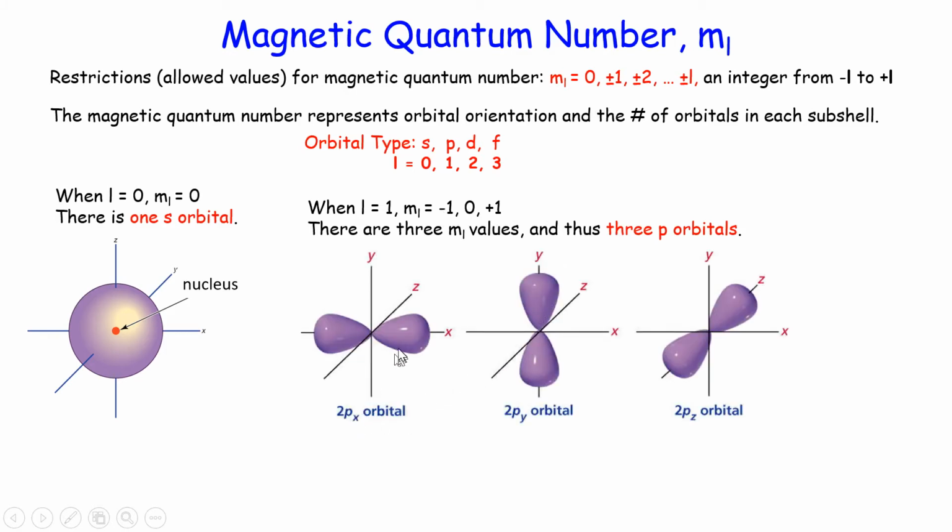So this is the px, the orientation of the orbital is along the x-axis, and this is py, the orbital is aligned with the y-axis, and this is the pz. You see, there are 3 p orbitals.